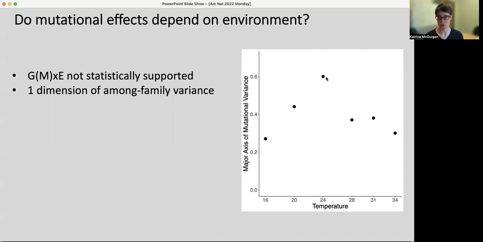You can see that they're all positive, they all go in the same direction, reflecting those positive covariances. There's a stronger contribution from 24 degrees where we did have an elevated magnitude of among family variance, and the smallest contribution from 16 where there was much less phenotypic and genetic variation in general. But nonetheless, our evidence suggests that mutations have consistent and equal effects across all temperatures.